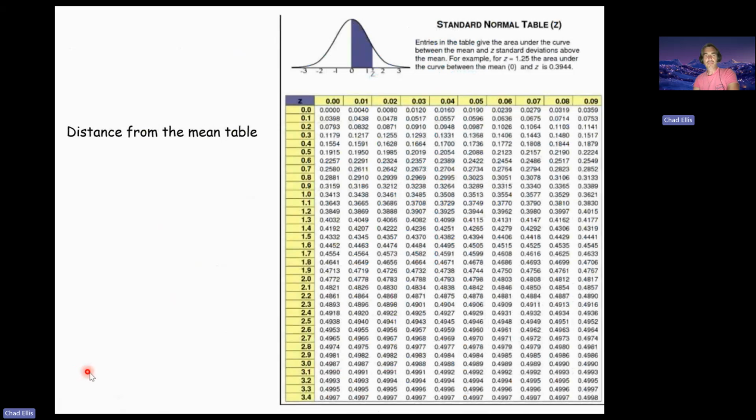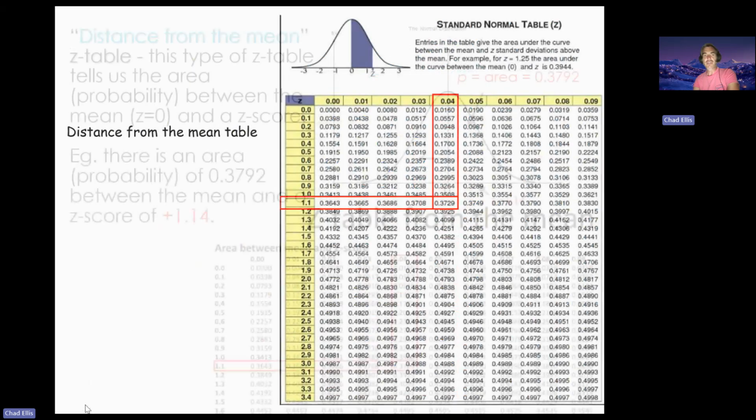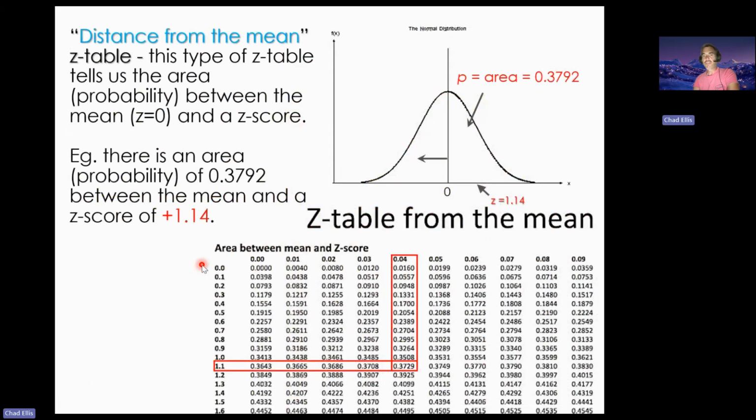So same table, distance from the mean table, for our previous example, 1.1, and then I wanted to add on 4/100ths onto that. That gives me a distance, or a probability area underneath the curve, of 0.3729. So imagine instead of minus 1.14, I have a z value of positive 1.14.